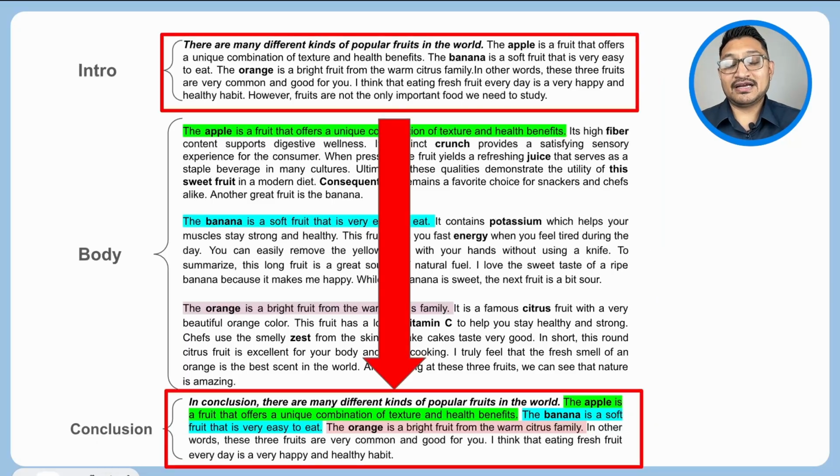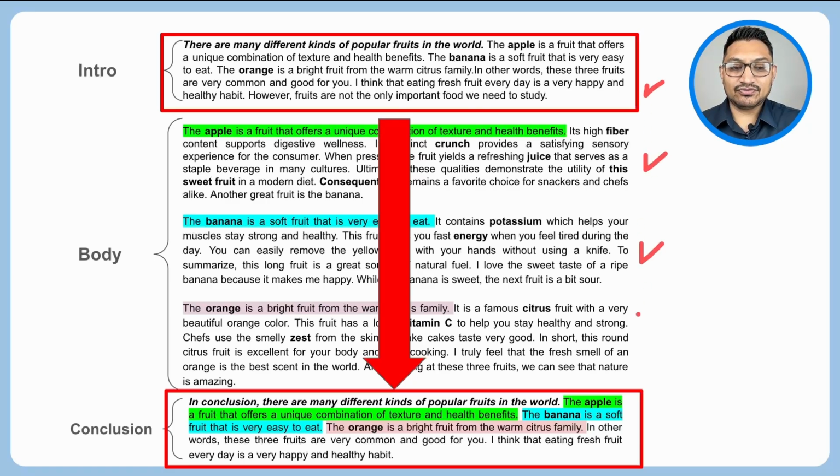So, in academic writing, the introduction should be very related to the conclusion. As a matter of fact, you should repeat the introduction in the conclusion for one reason. Readers, they will forget everything you are saying.